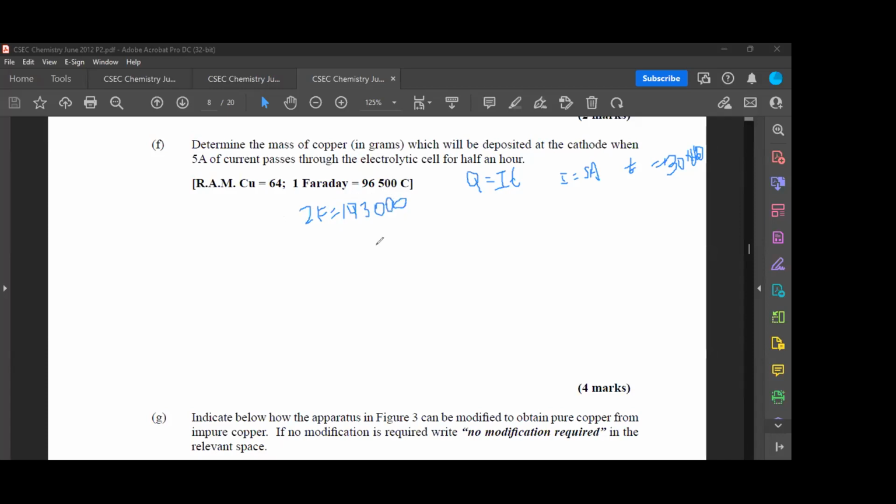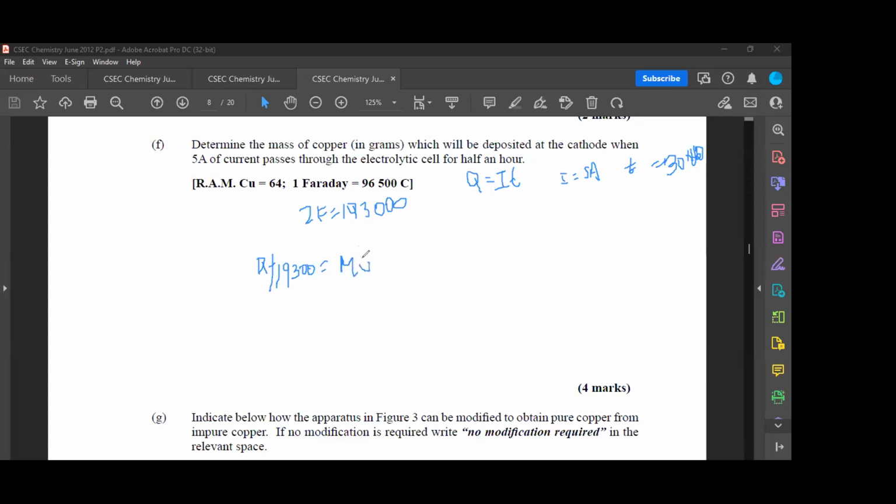And that's what it is compared to. So the Q value that you get is now divided by 193,000. That value will give you the moles.